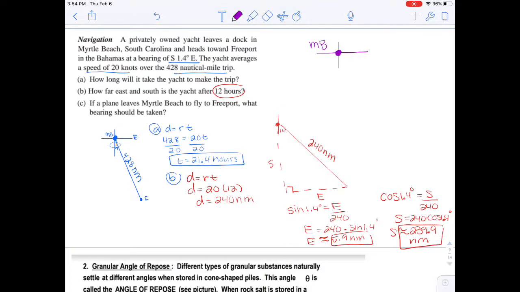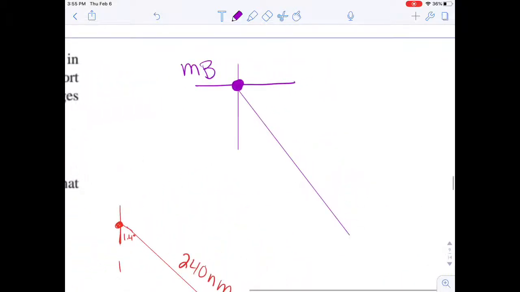So we know that the angle that we traveled was 1.4 degrees east of south. So we need to figure out what would be the bearing if I left from the north and then traveled clockwise to get this angle to travel this trip to Freeport.